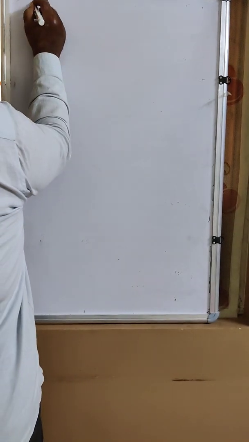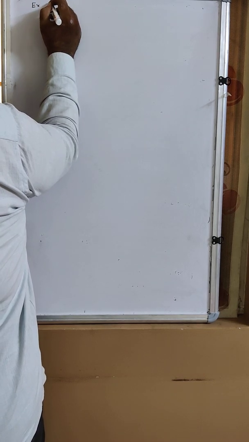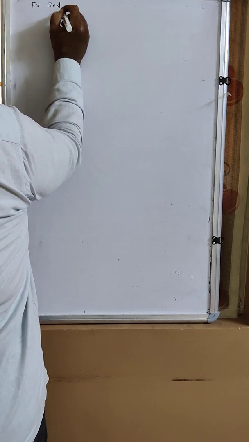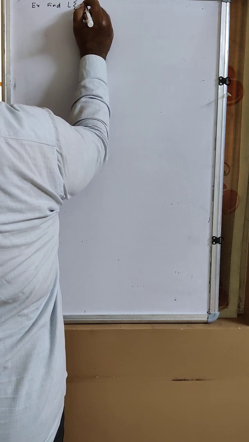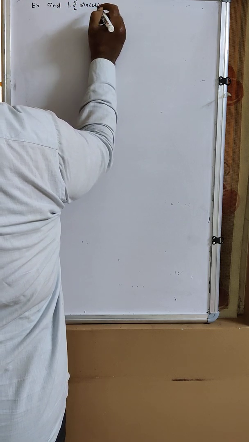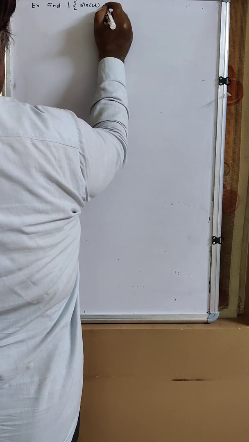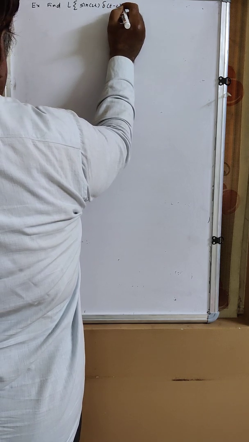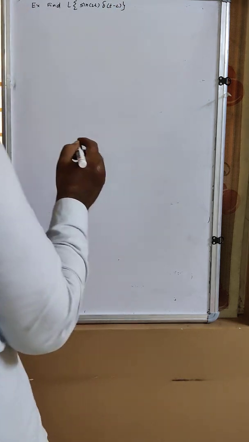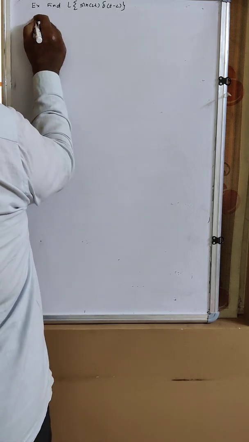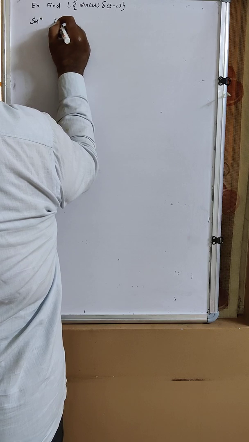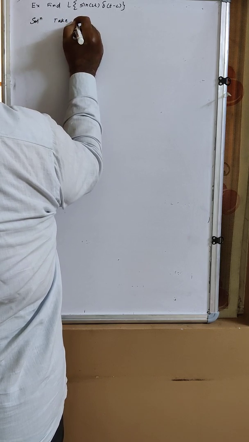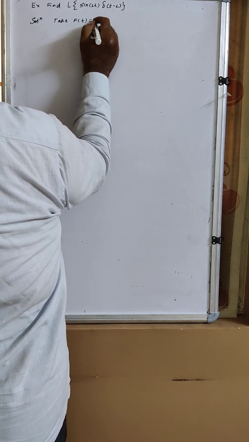Find, for example, Laplace of sin 2t delta of t minus 2. Solution. Take f(t) is equal to sin 2t.